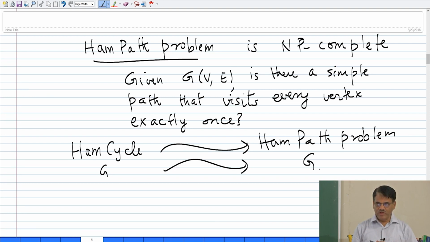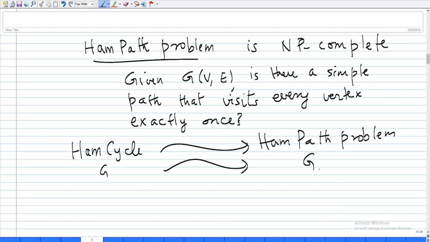Okay, so what you are saying is I take my graph, I make it complete. Go back to my template, okay? Always keep that in mind. I want to show that if G has a Hamiltonian cycle, this G prime has a Hamiltonian path, and if G prime has a Hamiltonian path, G has a Hamiltonian cycle, right? But you just told me that this G prime will always have a Hamiltonian path because you made it complete, right?